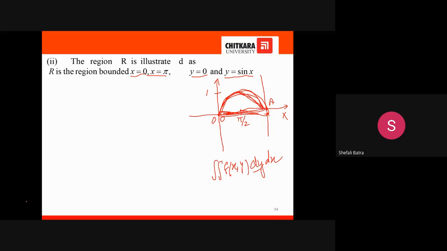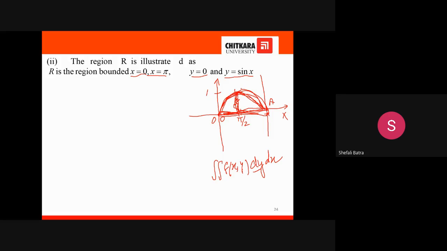If I'm writing here dy, it means I'm making a vertical strip. So I'm drawing this vertical strip and highlighting it. Now, what will be the limit of y over here and over here?